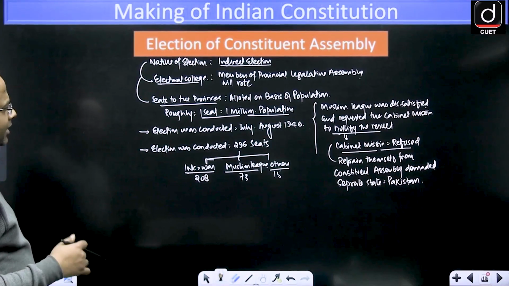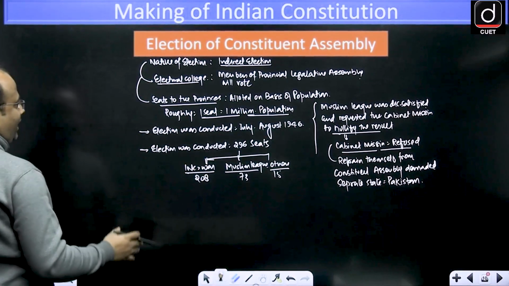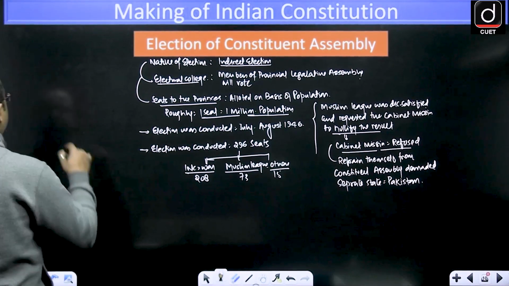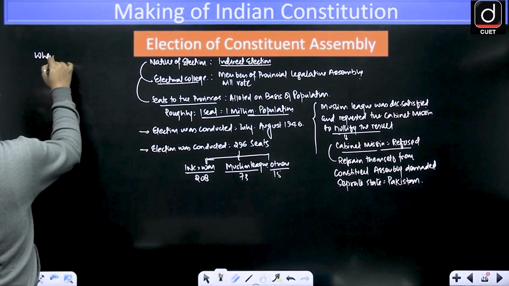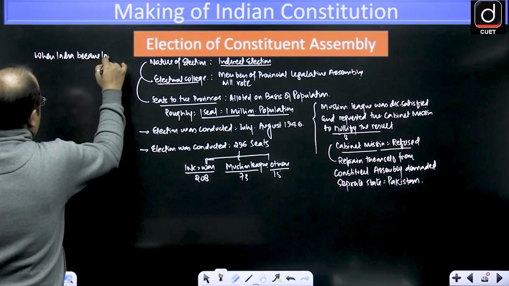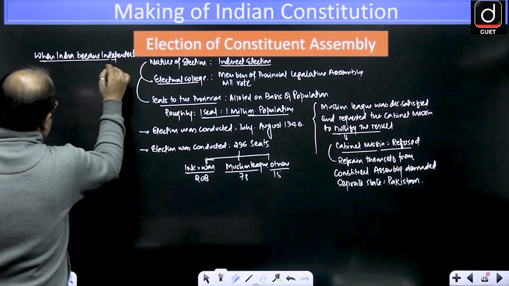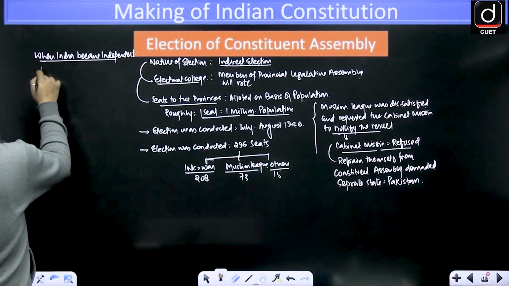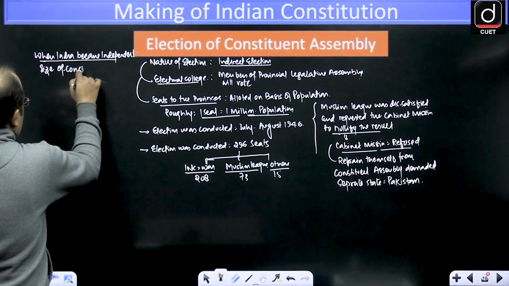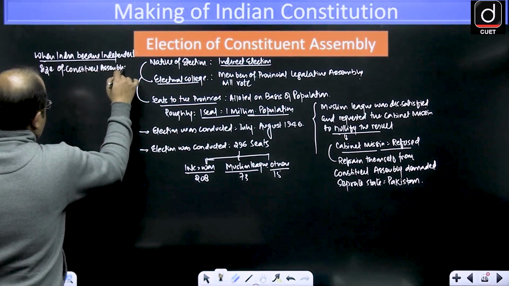Now see what happened. They demanded a separate state Pakistan, and the cabinet mission started. This was the size of the Constituent Assembly before election. But when India became independent, some of the provinces went to Pakistan, so the size of the Constituent Assembly got reduced.